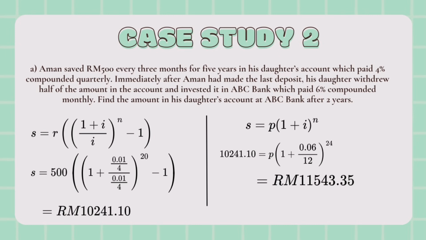The formula is S equals R bracket 1 plus i to the power n minus 1 bracket over i. So S equals 500 bracket 1 plus 0.01 over 4 to the power 20 minus 1 bracket over 0.01 over 4, and the answer is going to be RM 1024.10.